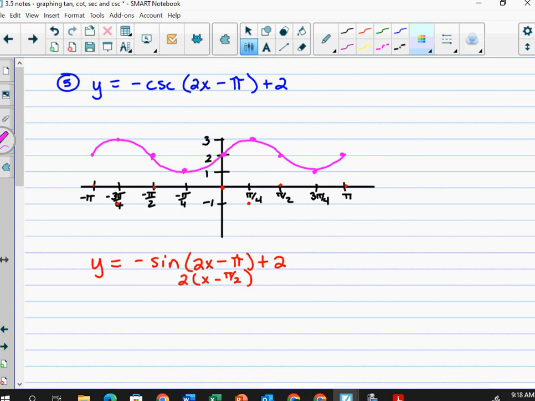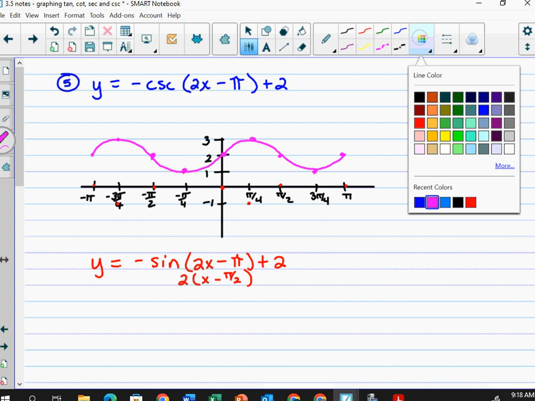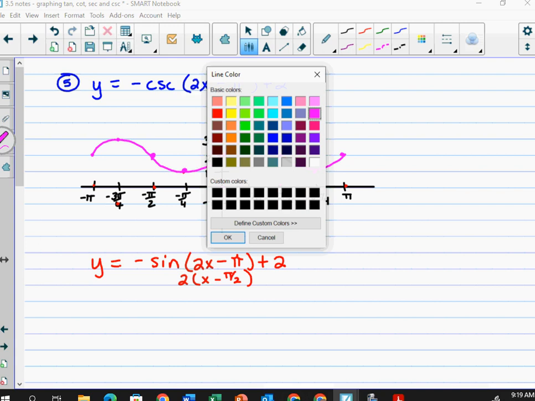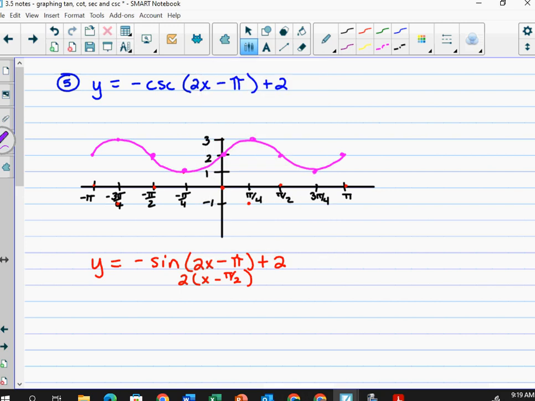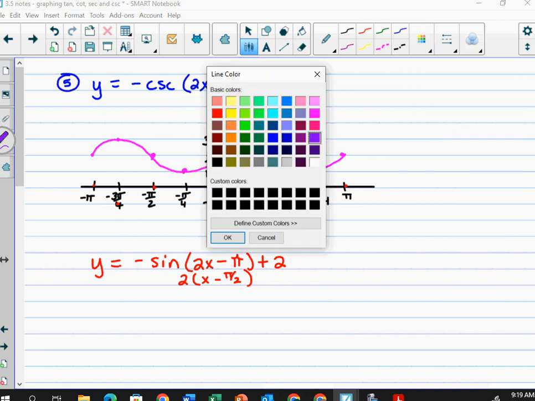Again, pause once you have the sine part done, and then I'll make sure you see how to turn it into cosecant. So look up here when you're ready for the sine part. You can do it.